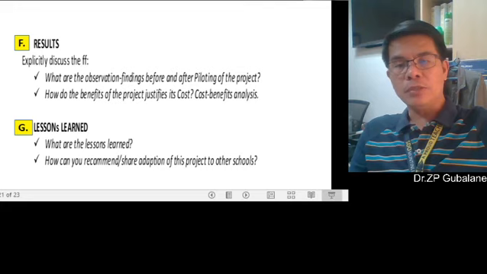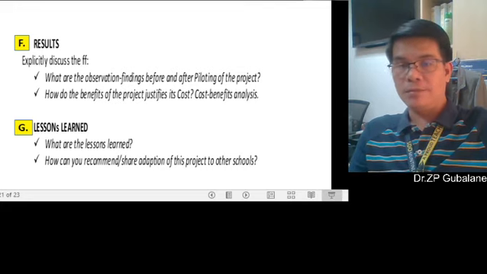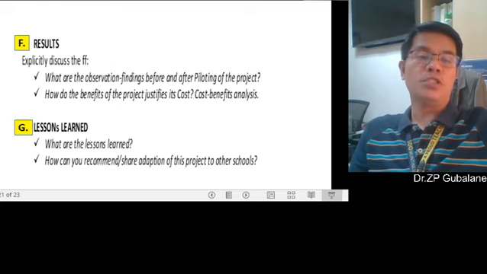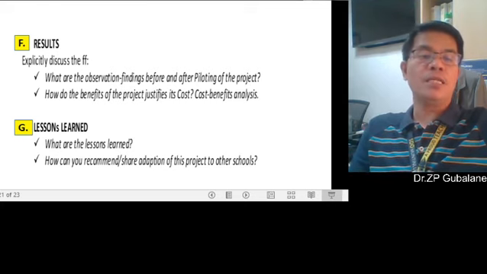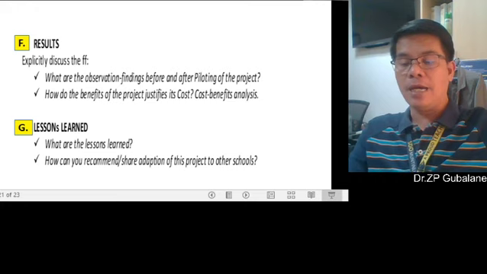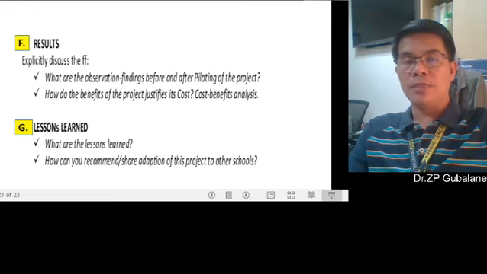So now we're looking at the results. What are the findings actually, the positive and negative results? Dapat may kwento mo dyan. So your observation of findings, what are the benefits of the projects, who benefited from the project, something like that. So dapat nakwento mo yan as your results.